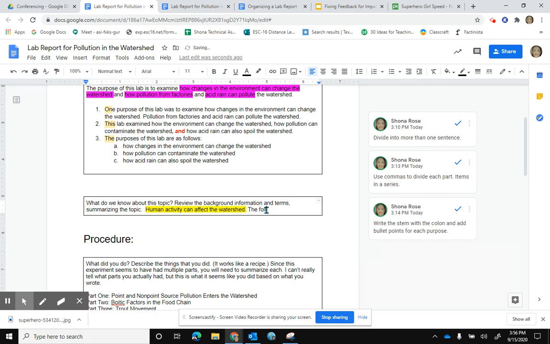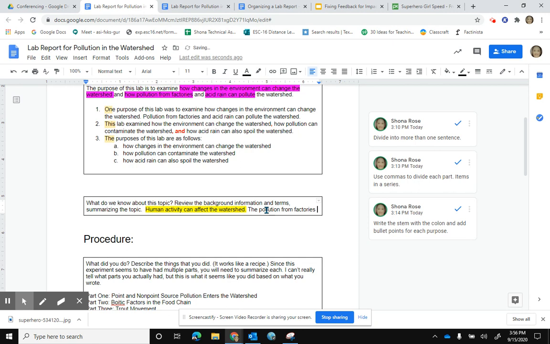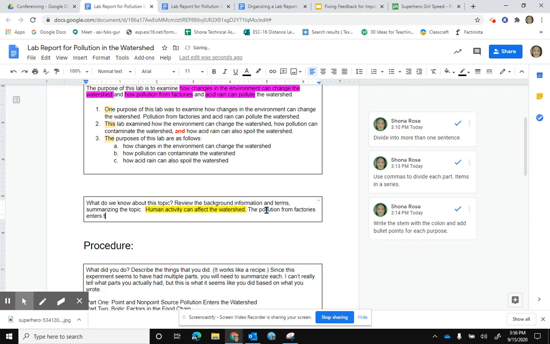The pollution from factories, that's your human activity, can turn into, let's see, the pollution from factories enters the air and then returns to the earth with rain.